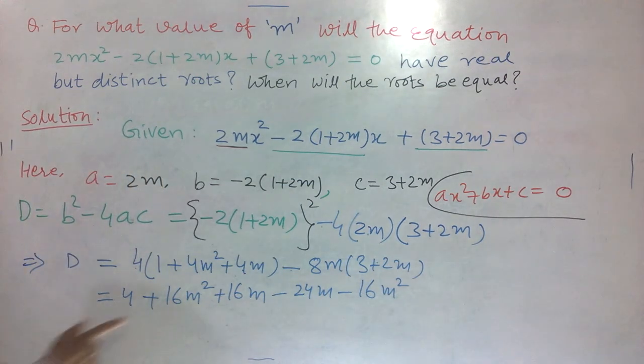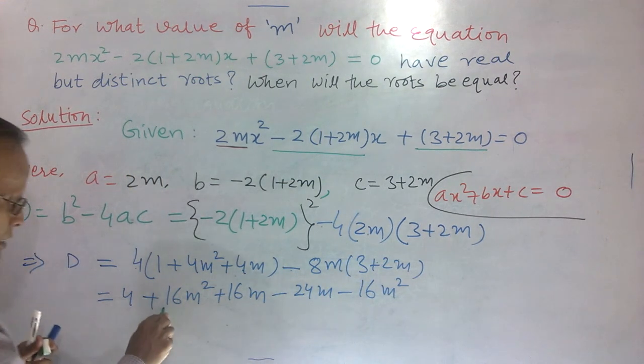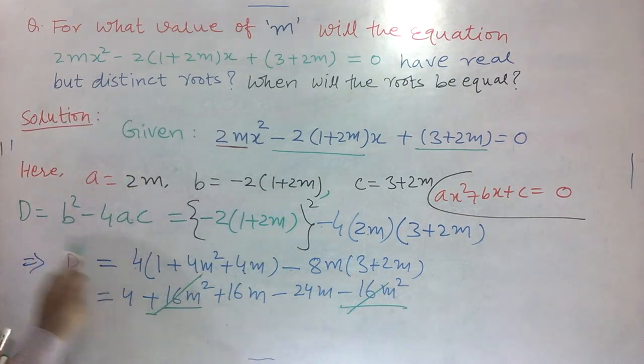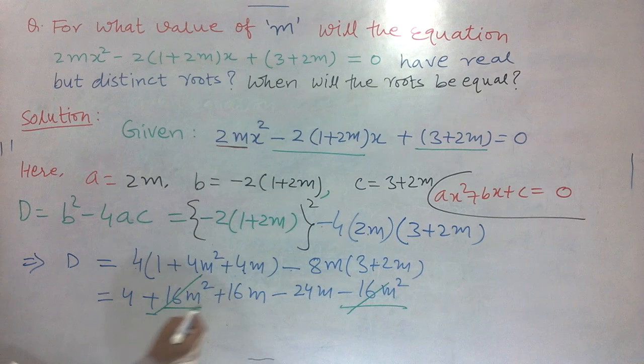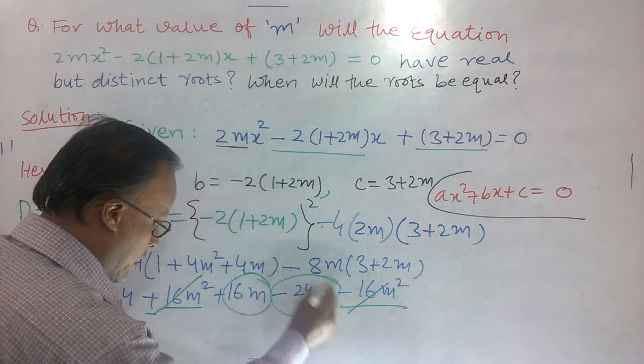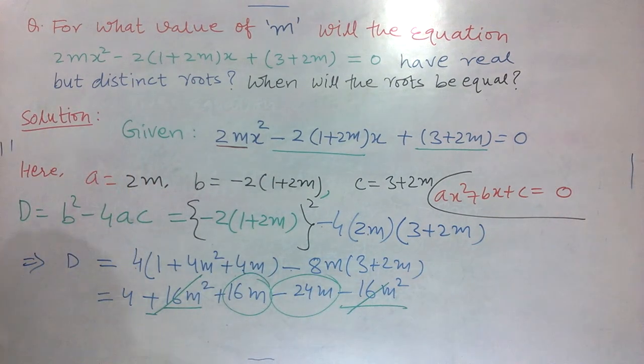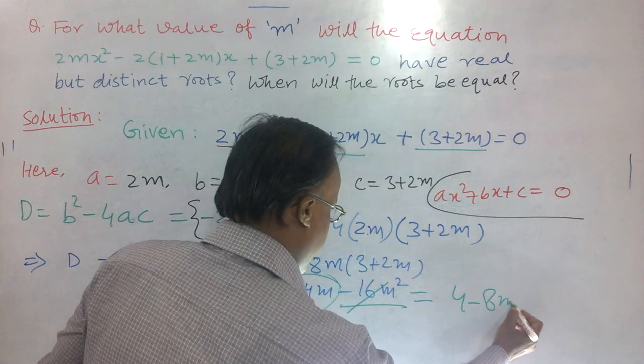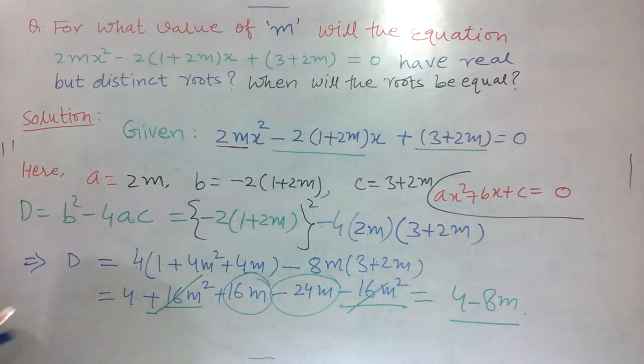Now see here, this 16m square is your plus term, positive, and this is negative. So these two terms cancel out, and 16m and minus 24m become minus 8m. So final discriminant comes out 4 minus 8m. This is your value of the discriminant.